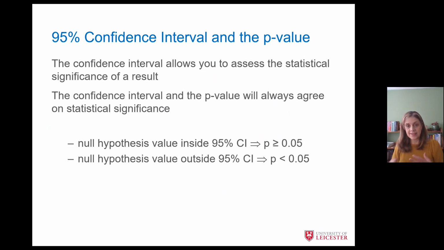So when you carry out the statistical test, your p-value will be greater than 0.05. That's associated with your statistic and the confidence interval. And when your null hypothesis value is outside the 95% confidence interval, then your p-value will be less than 0.05. So they're always going to agree.